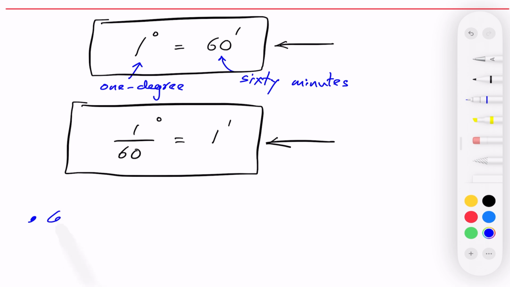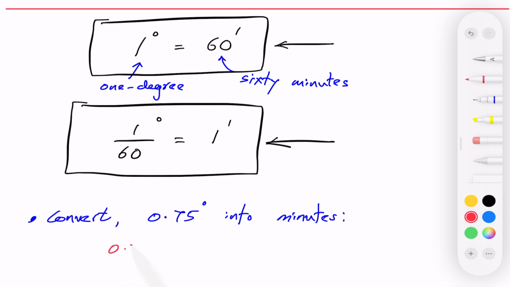Let's say I need to convert 0.75 degrees into minutes. Well, the answer is very straightforward. We have 0.75 degrees. We need to convert that into minutes. We know 1 degree is equal to 60 minutes.